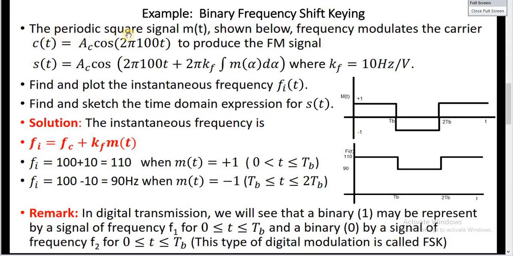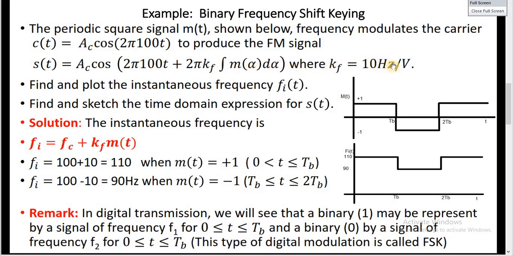Example: the periodic square function m of t shown below frequency modulates the carrier c of t equals Ac cosine 2 pi 100 t to produce the FM signal s of t equal Ac cosine 2 pi 100 t plus 2 pi Kf integration m of alpha d alpha.